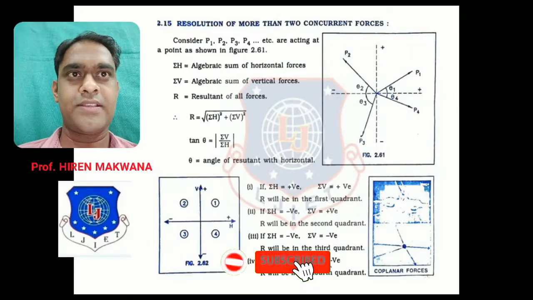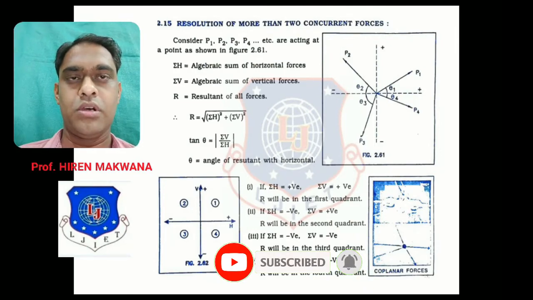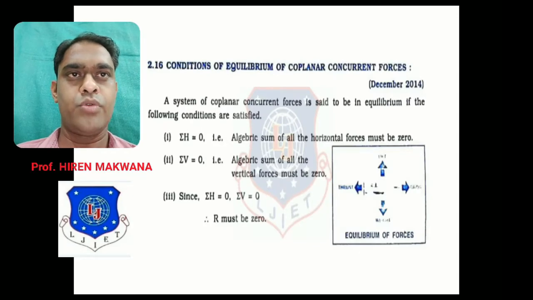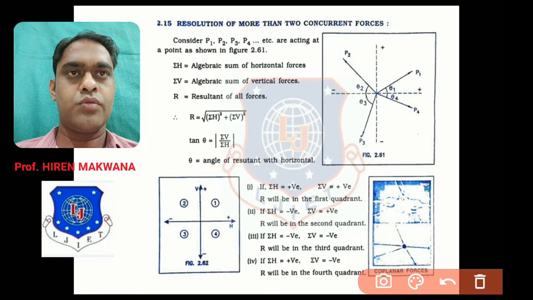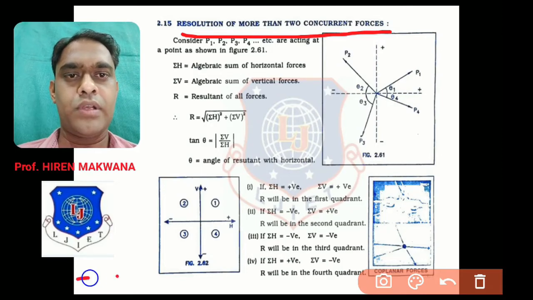Okay, so let us start now the next method number 2, or say topic number 2, resolution of more than two concurrent forces. So what is the resolution of more than two concurrent forces? In the law of parallelogram, we have studied that at a point only and only two forces are acting there.